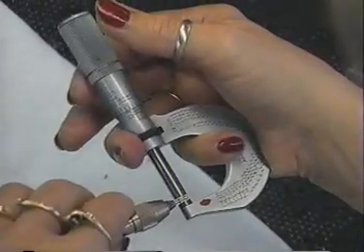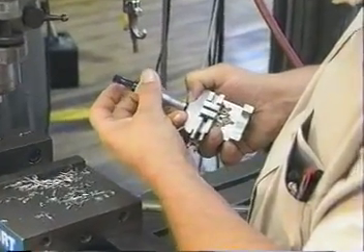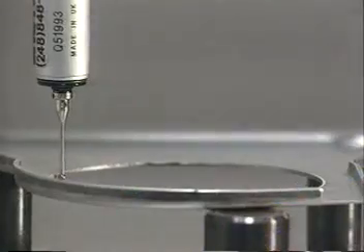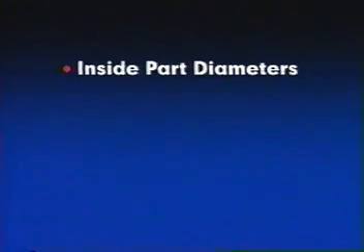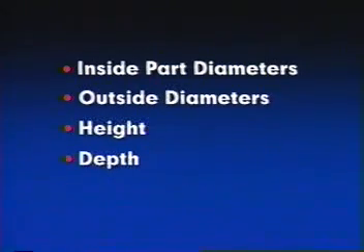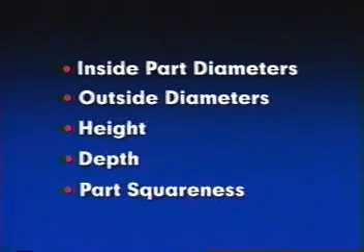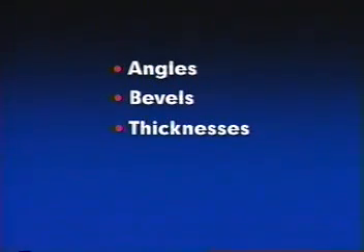There is a wide assortment of measurement tools used to verify that manufactured parts meet their design intent. These tools are used to measure inside part diameters, outside diameters, height, depth, part squareness, angles, bevels, thicknesses, tapers, and many other part features.